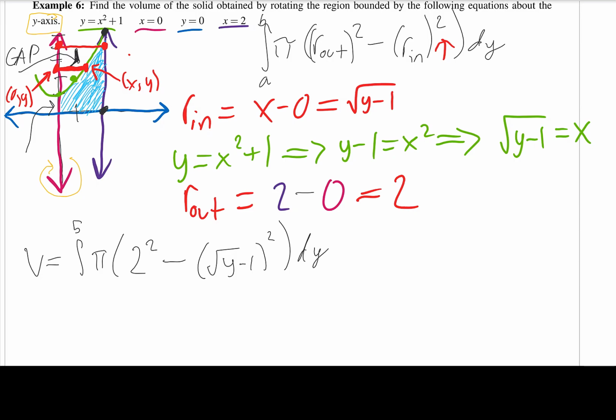When you see something like this, where part of it has a gap and the other part doesn't, you need to break this up into two separate parts. We're going to divide it at this line, where this is going to be the top region, and this we're going to call the bottom region.